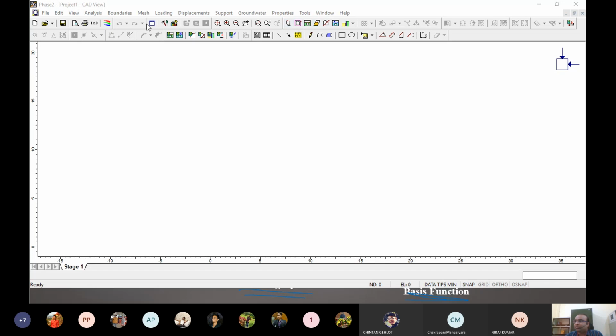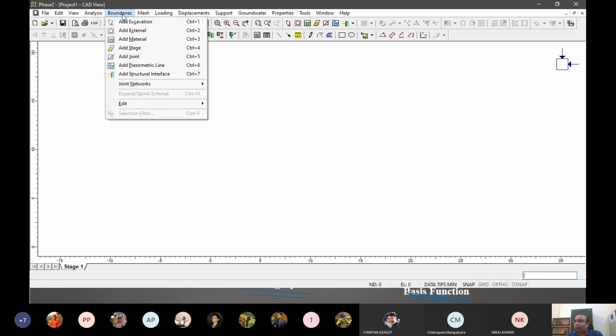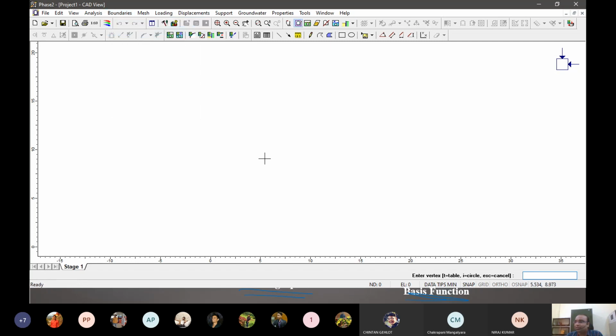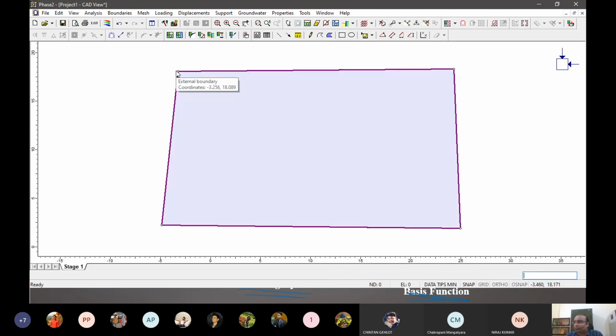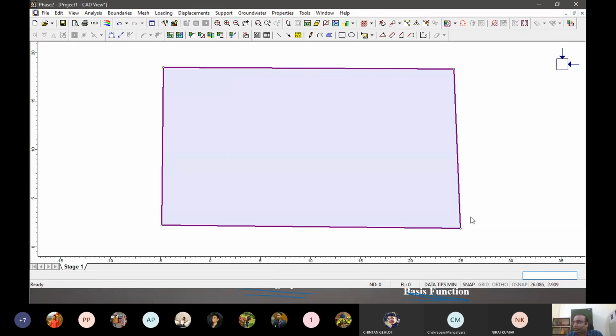So इसमें क्या होता है, in Phase we also, similar to Slide, add boundaries and excavations, but in this it is something like an external boundary and excavation. So we basically give an external boundary, external in the sense that we can make our own, whatever the maximum extent can be for our work, that we give.